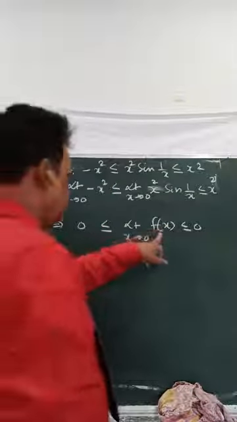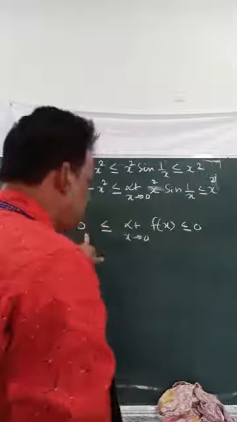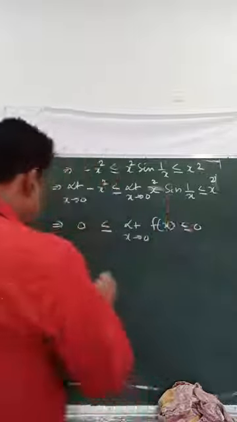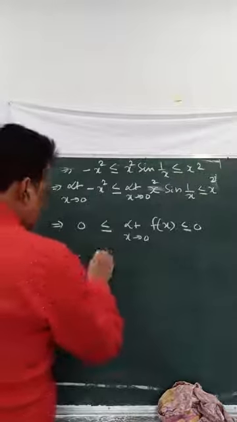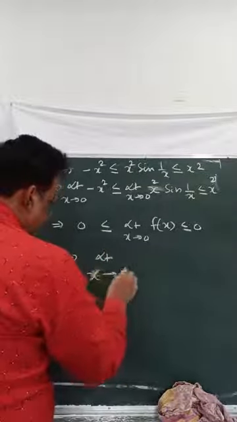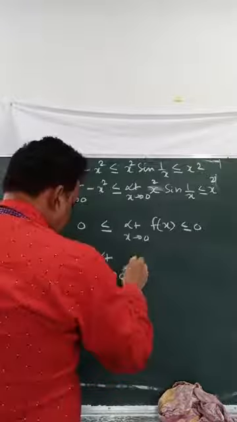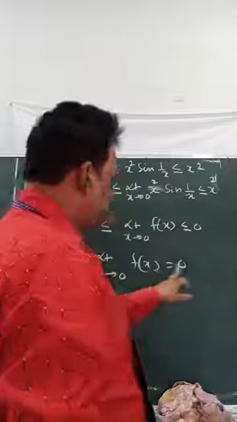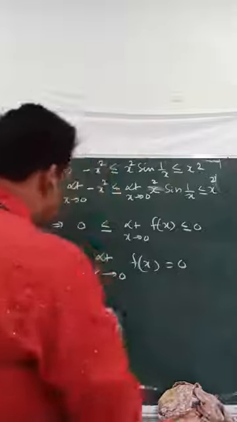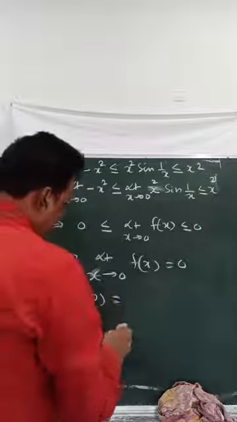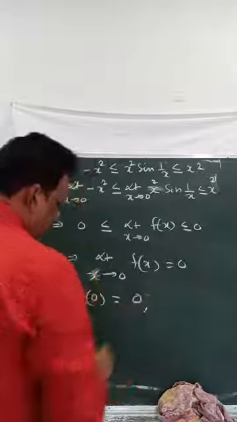If a function is greater than 0 and smaller than 0, then this implies the function itself will be 0. The limit as x tends to 0 of f(x) equals 0. So the limiting value you got is 0. Now what is your functional value given? F of 0 when x equals 0 is given as 0.